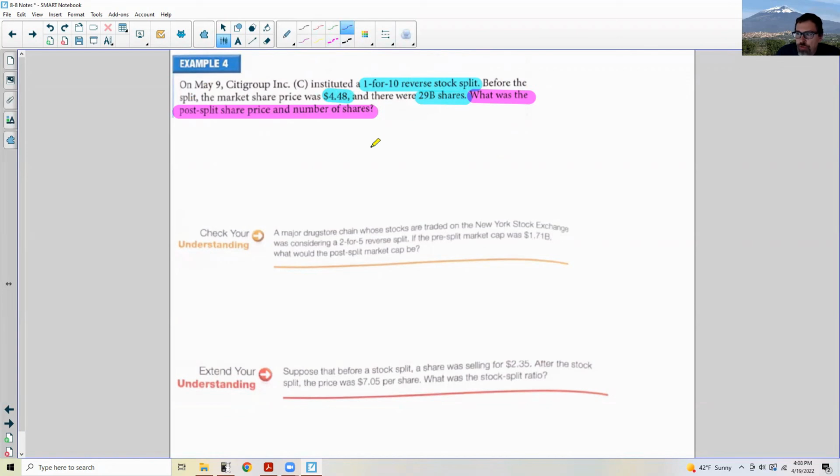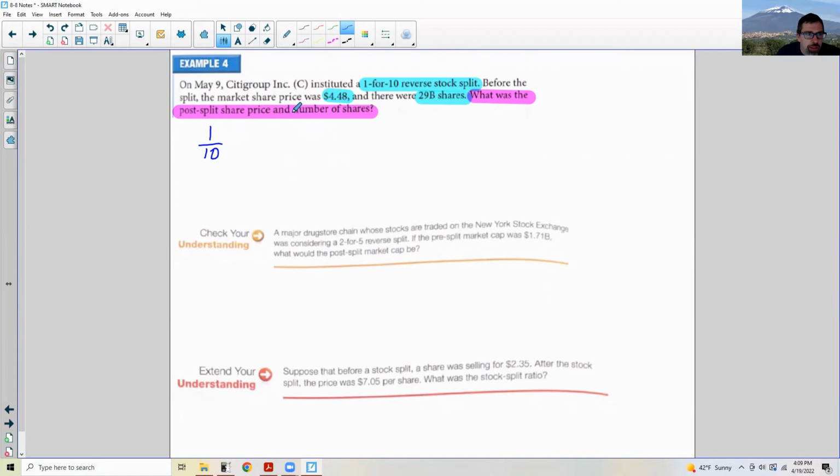The ratio for the split is a 1-for-10 reverse. One share is coming from 10. All right. So post-split number of shares equals A over B times the pre-split number of shares from the previous page. So there's my A, there's my B.